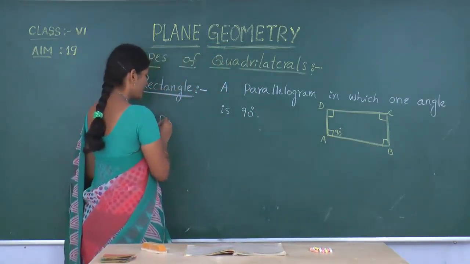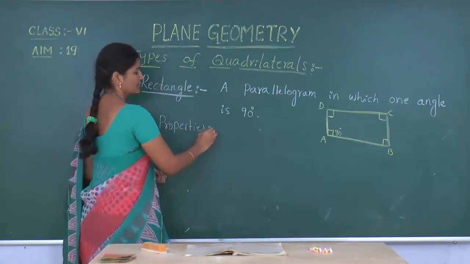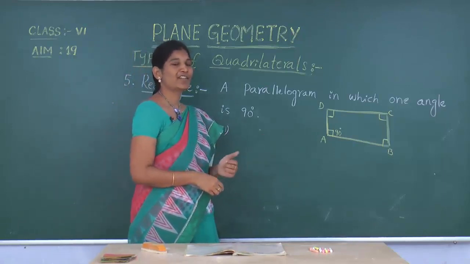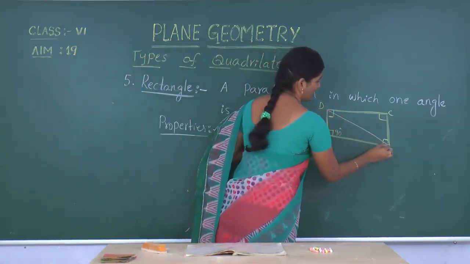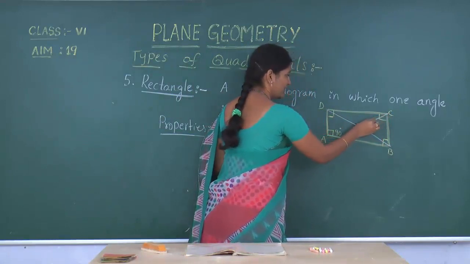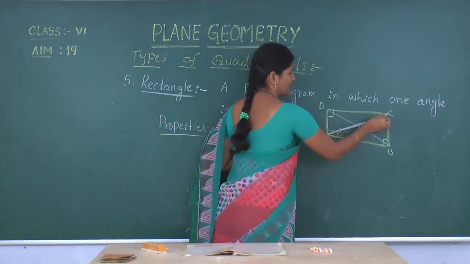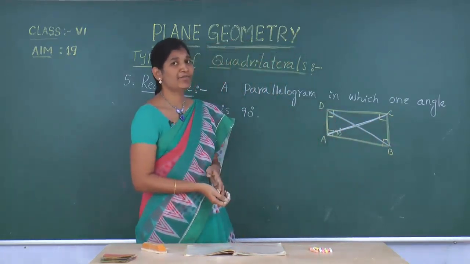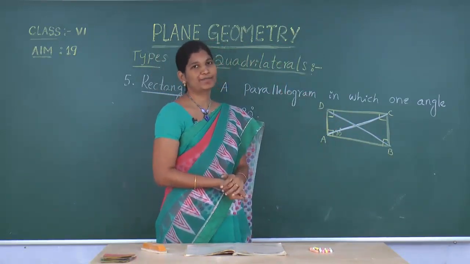Let me write their properties now. The first one is, here also we can draw two diagonals. Here BD and AC are the two diagonals. Like a parallelogram, this rectangle satisfies all the properties of the parallelogram.